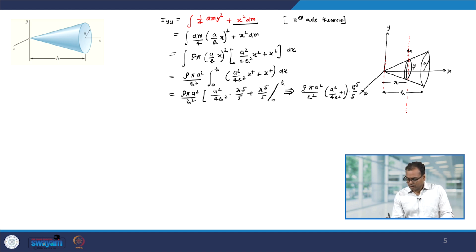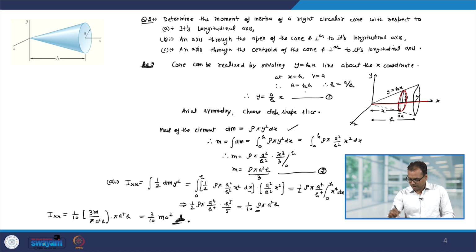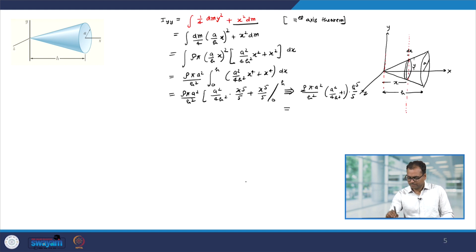Now, again this value of rho I can write down in terms of m. So, let us do that. It will be rho is 3 m over pi a square h. So, 3 m over pi a square h into pi a square divided by h square and then the rest of them. I can write this bracket as a square divided by 4 plus h square divided by h square.